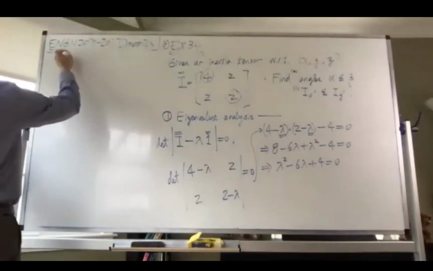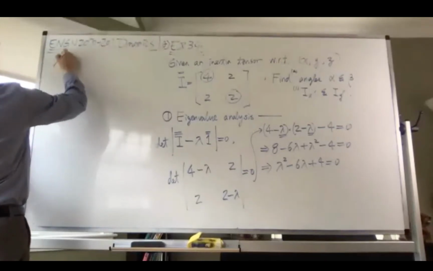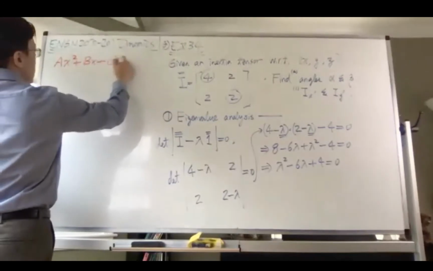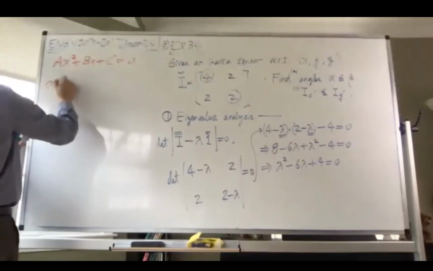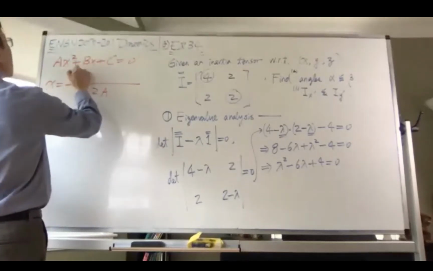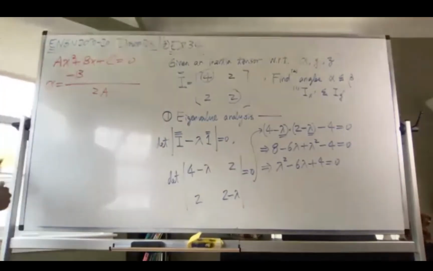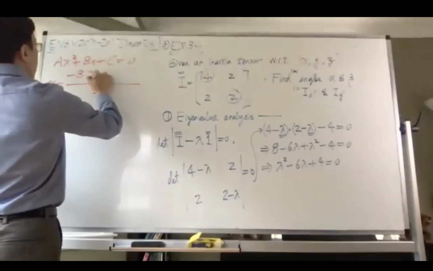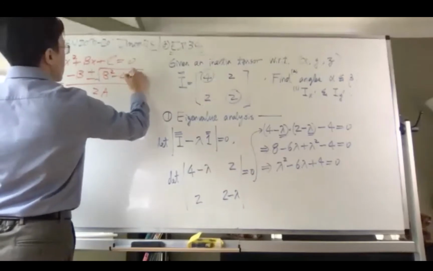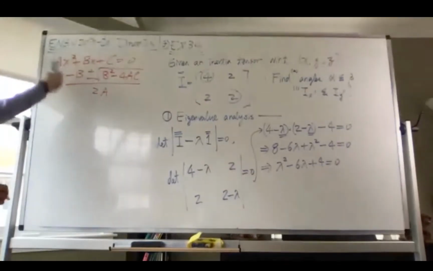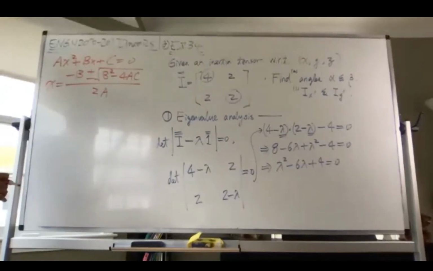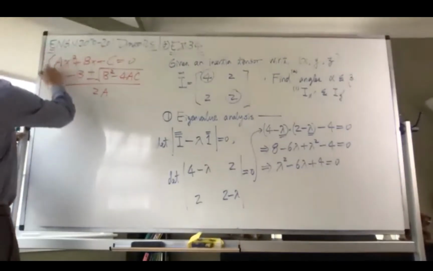Suppose you have the equation ax squared plus bx plus c equals 0. Then x equals minus b, plus or minus the square root of b squared minus 4ac, the whole thing divided by 2a. So we have two roots here, the plus and the minus. Right, so this is the quadratic equation, as we know.